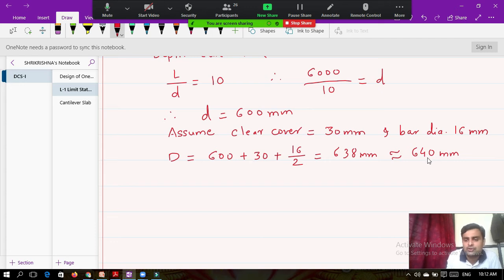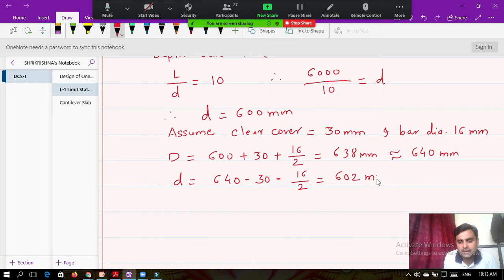Now calculate the actual effective depth: d is equal to this 640, your overall depth, minus clear cover minus half of bar diameter. What is your d now? So it is 602 mm I think.